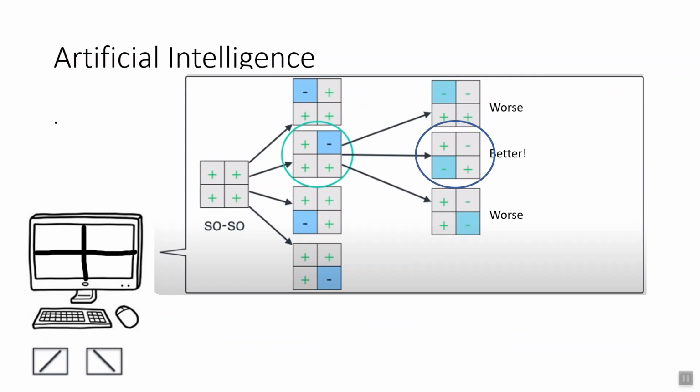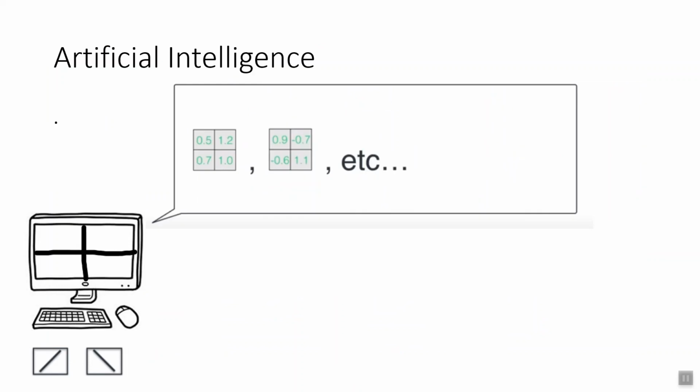So this is the power of numbers, plus and minus, and we have to use many numbers, so we can use diagonal values of 0.5, 1.5, 0.7, 1 and so on. So it is a continuous value. Now we have even more possibilities, in fact infinitely many, and the computer can really check infinitely many possibilities.